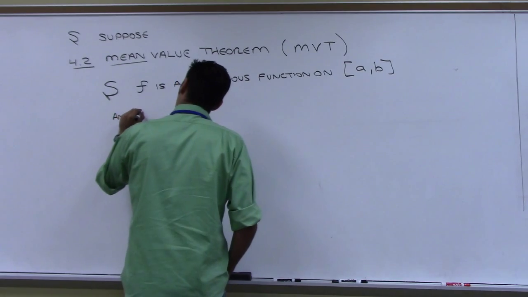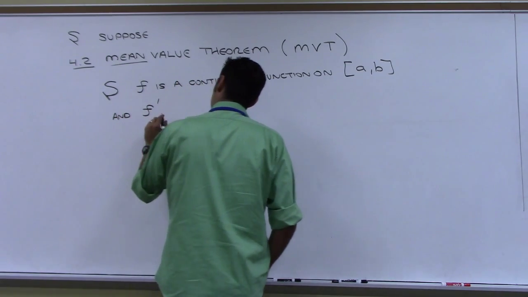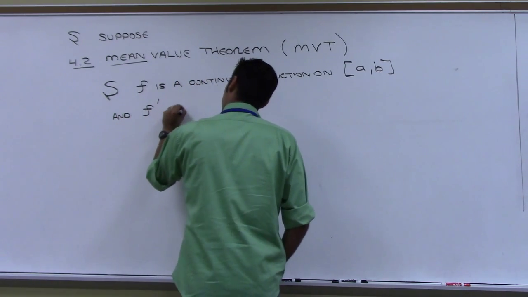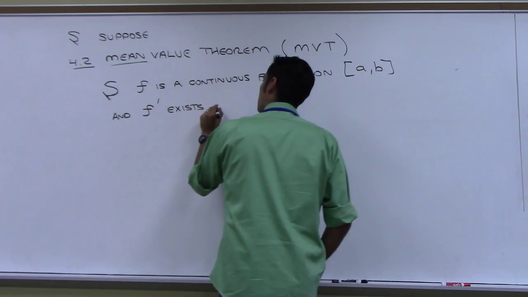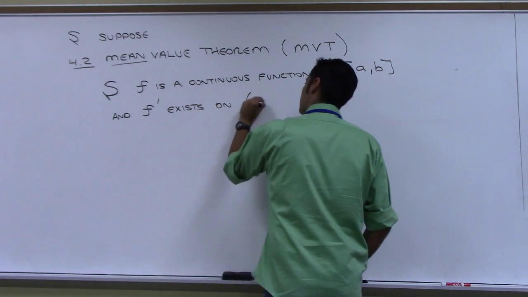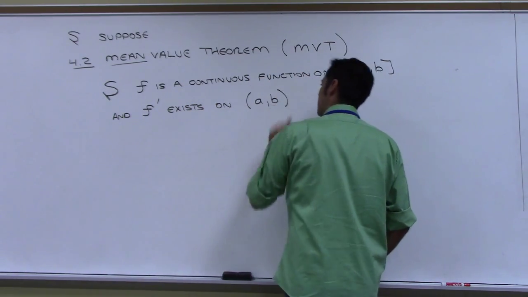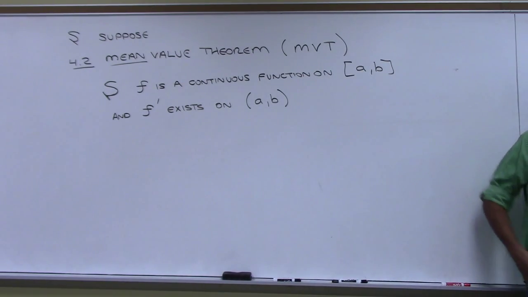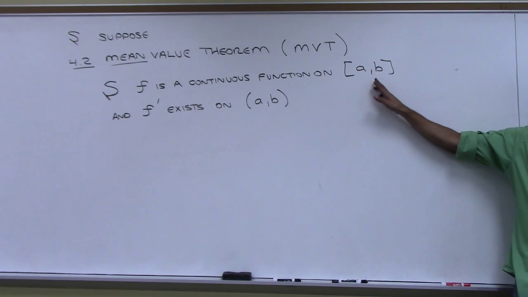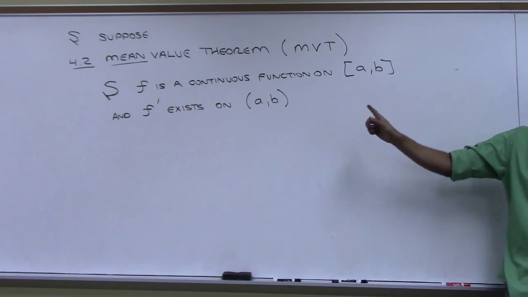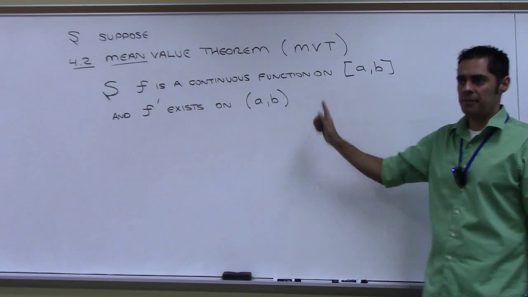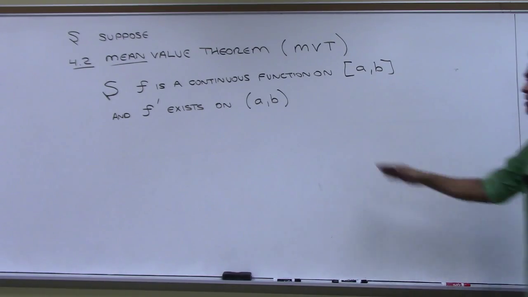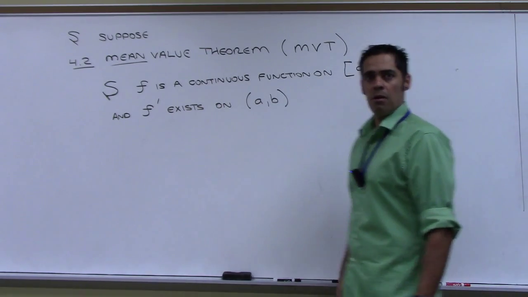And f prime exists on the interior of AB. So we have to be able to take the derivative inside this closed interval. That's an important condition. I'll give you an example in a second of where if that condition's not met, this theorem falls apart.